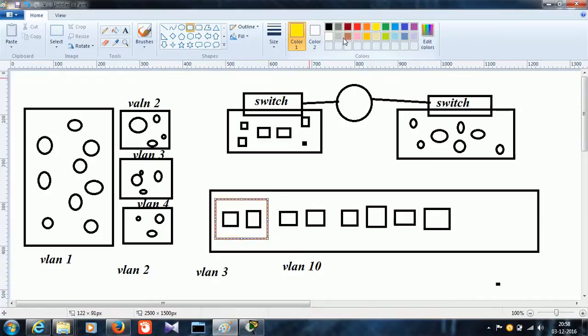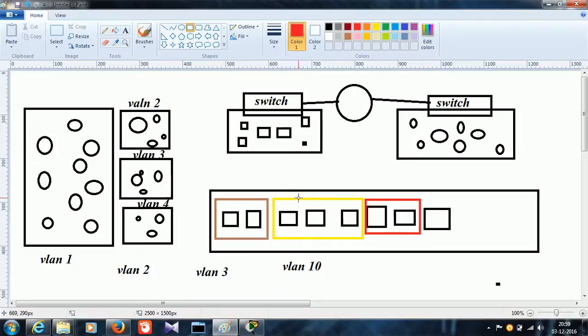And if I want to assign these 3 ports to VLAN number 3, first I will create VLAN 3, then I will assign these 3 ports to it. And if I want to assign these 2 ports to VLAN number 4, I will create VLAN number 4, then assign these 2 ports to it. Then what about these ports? They will be in the default VLAN number 1, in access mode.